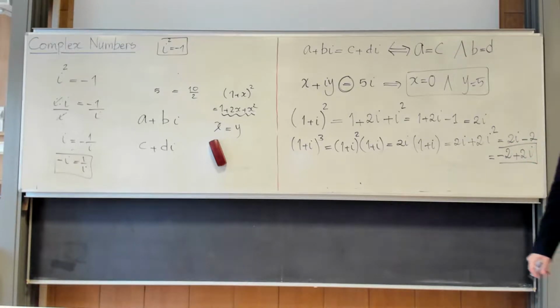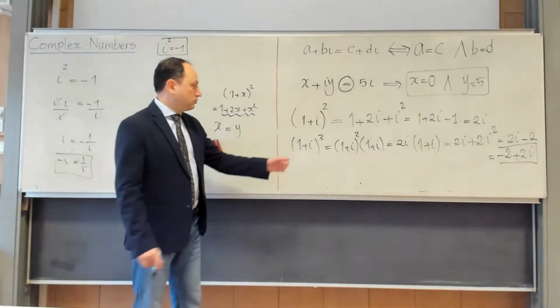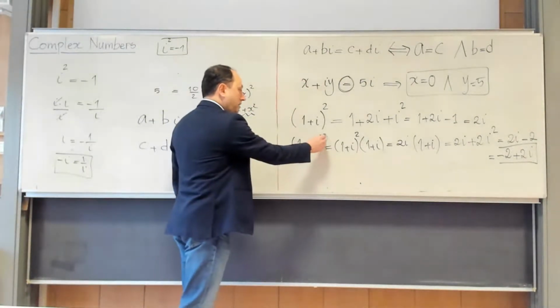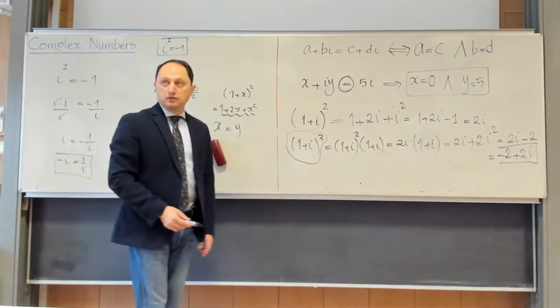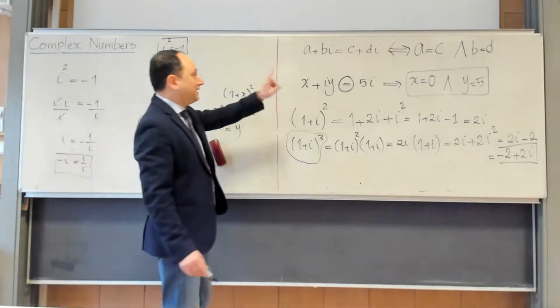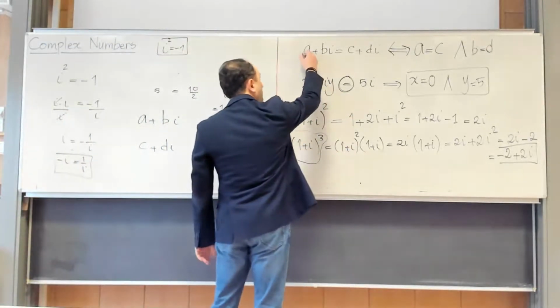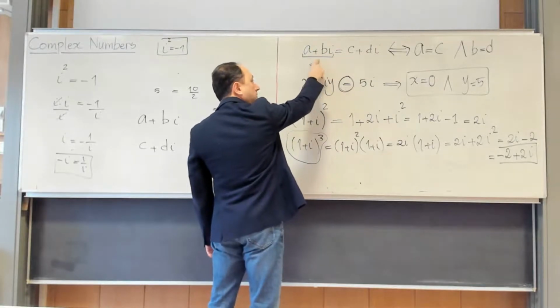Okay, so an exam question could be like this. Find the imaginary and the real part of this number. If you want to answer the real part and the imaginary part, you have to write your complex number in this standard form.